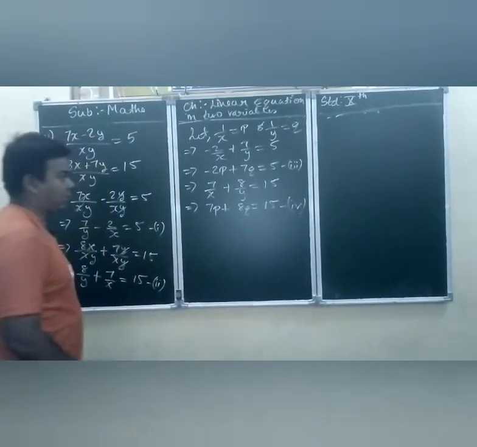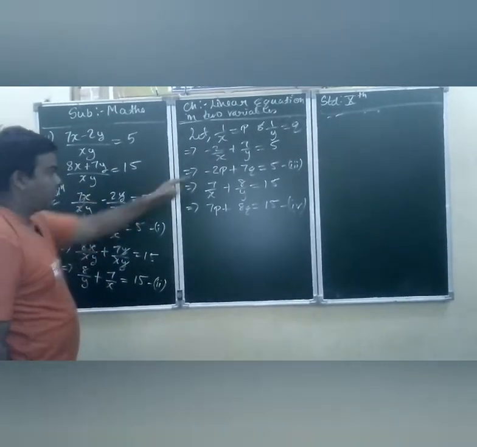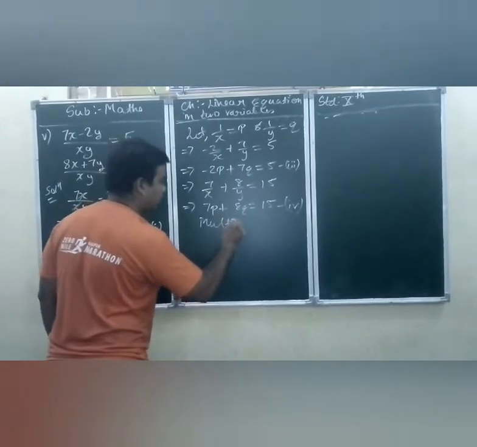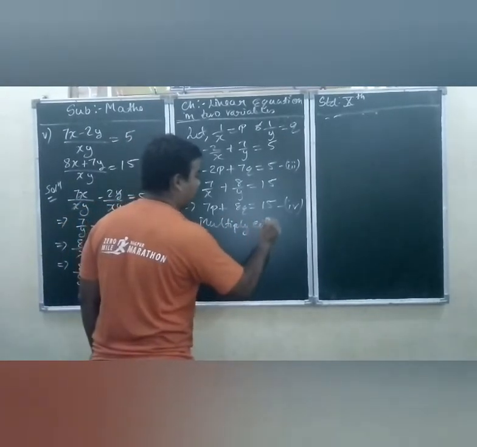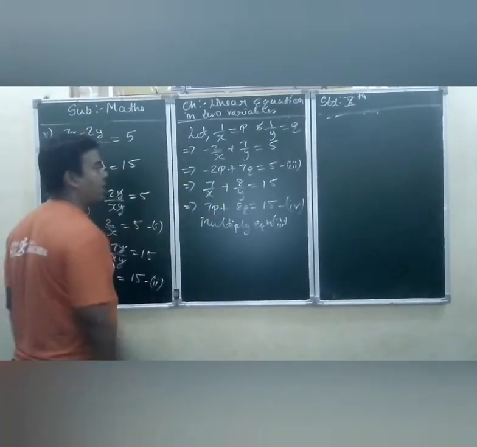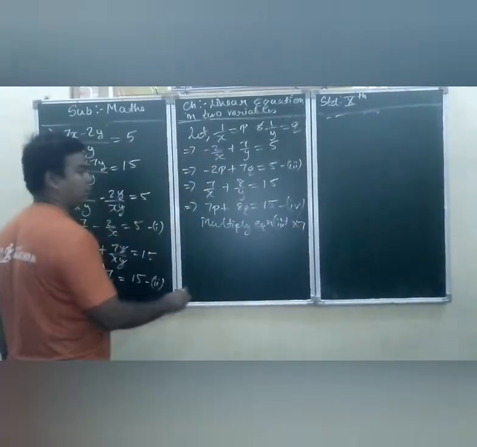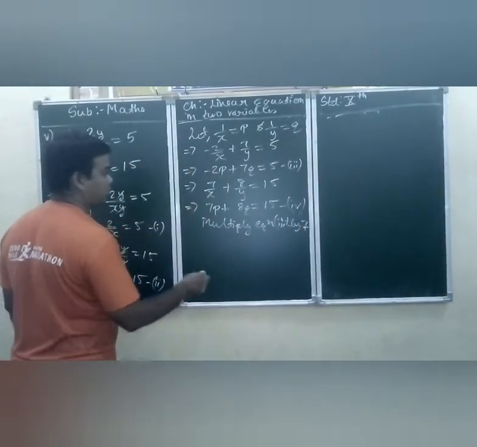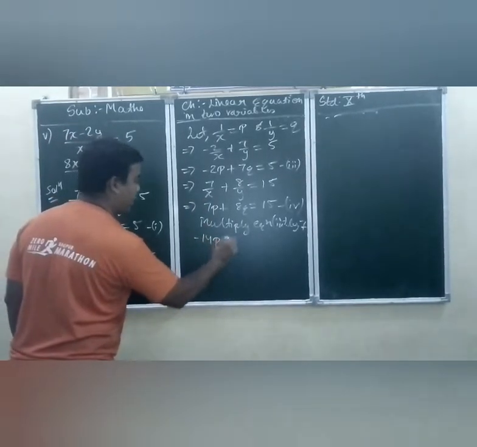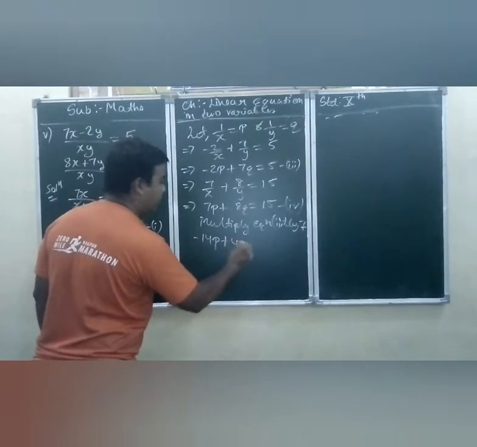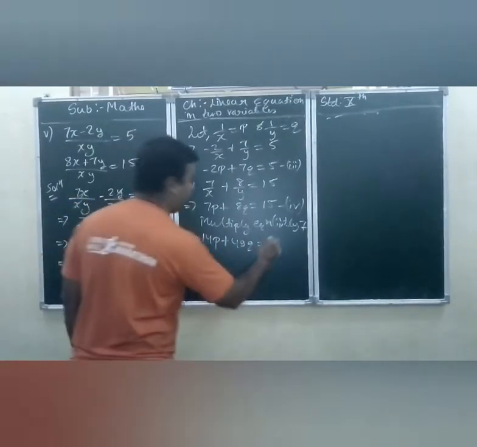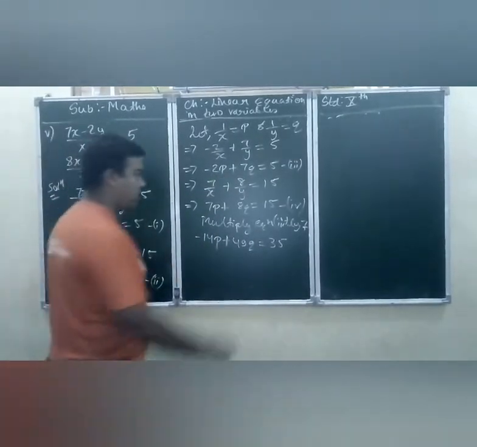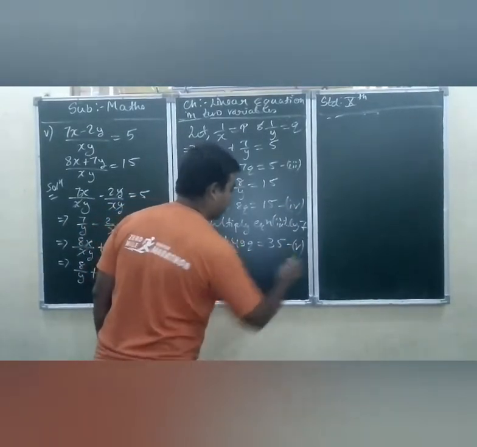We multiply both the third and fourth equations by suitable numbers. Third equation multiplied by 7: minus 14p plus 49q is equal to 35. This whole equation is multiplied by 7. This is the fifth equation.